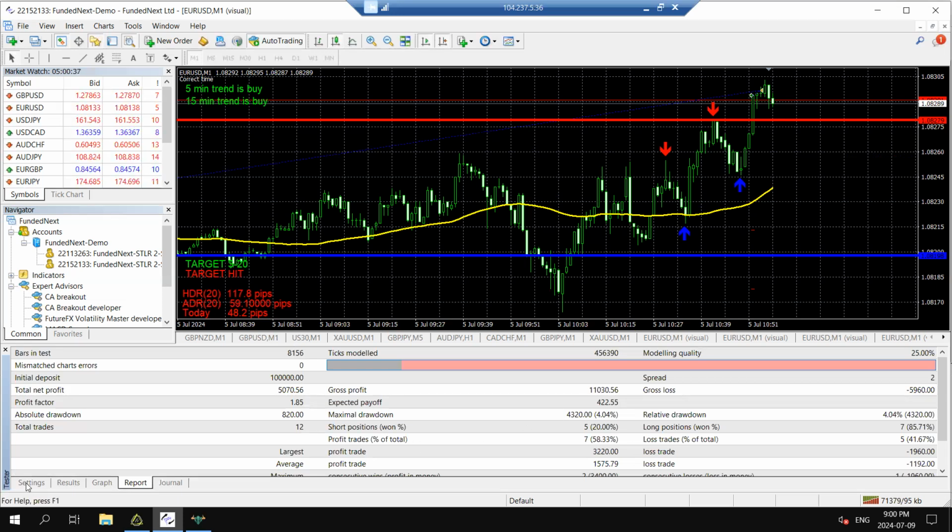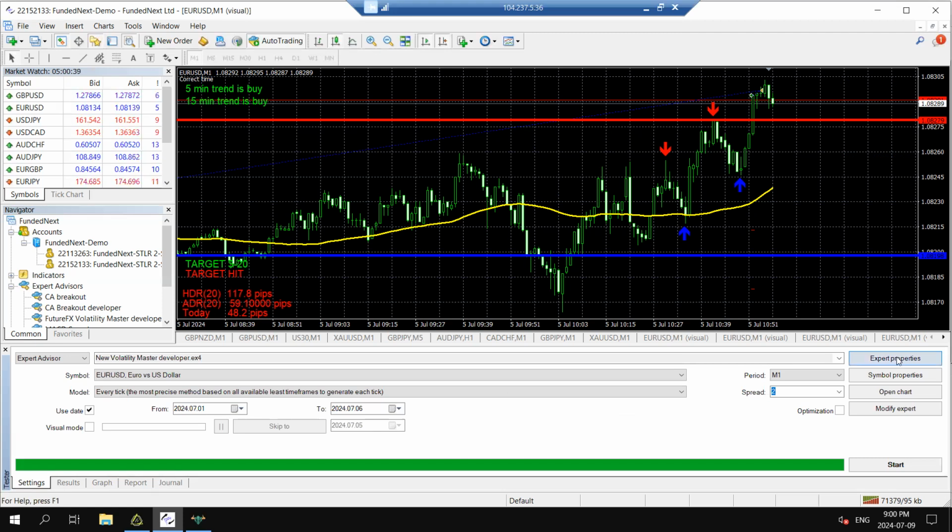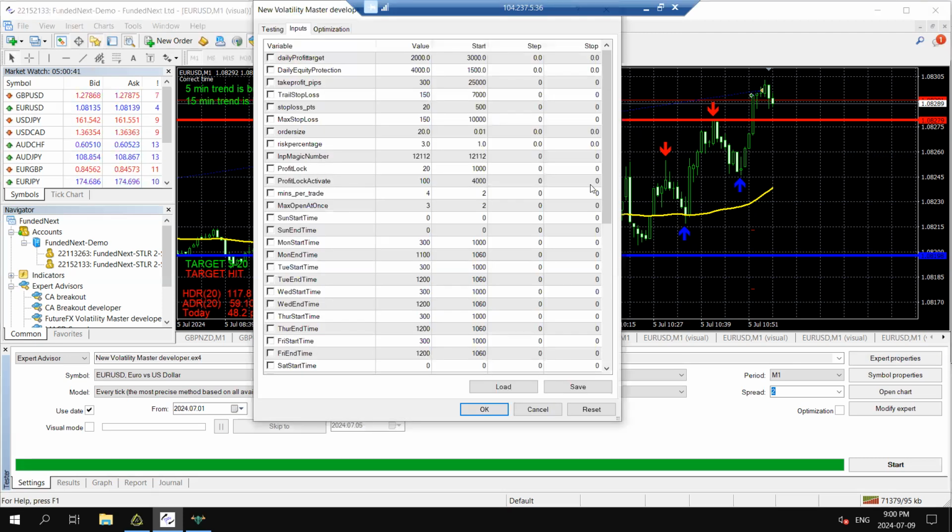Okay, so as I said, some settings that I would consider adjusting based off that is that I reckon I could drop my maximum stop loss down a bit. I could put my trailing stop down a bit as well, and my profit lock, I could bring that down as well.